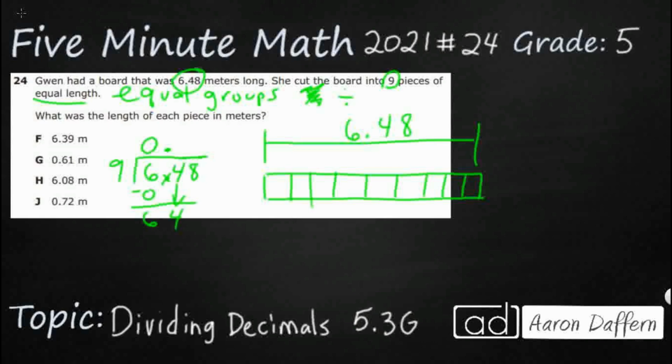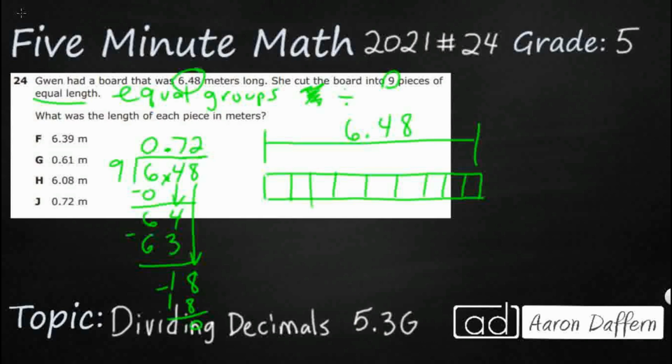Oh, we're so close. 9 times 7 is 63, so that's going to get us really close. And so we're going to bring down the 8, and there we go. That's a nice multiple of 9. That's 18. So we're going to go in there 2 times. And so it looks as if our answer is going to be 72 hundredths.